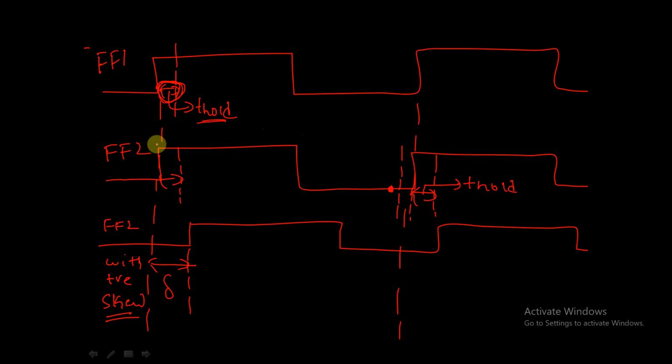But in the case of flip flop 2 with skew, this is the t hold. Then what is our requirement? The data should be constant for t hold plus delta, right? So the factor delta has been added.